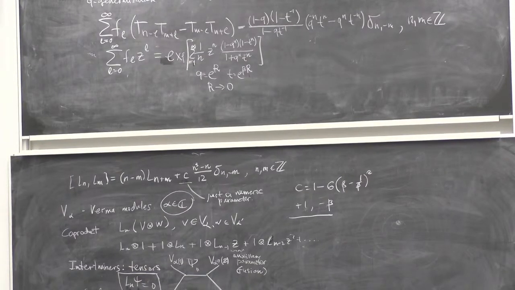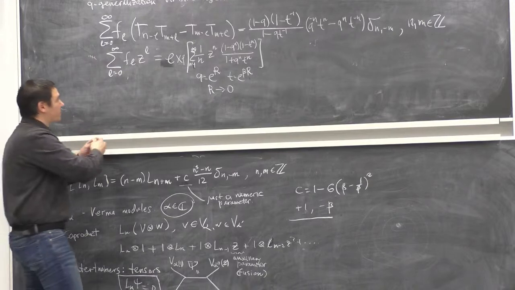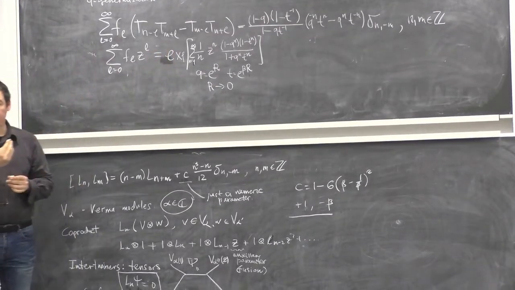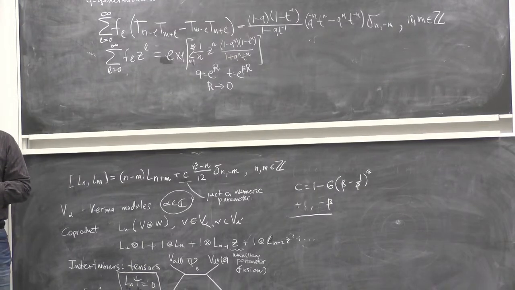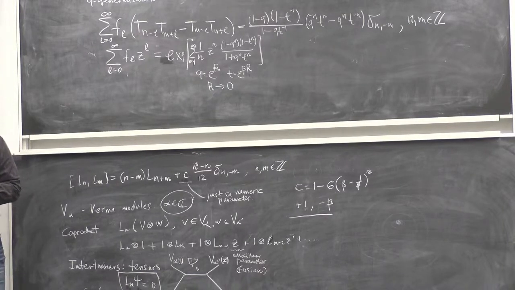Do you need some regularization? No. You just need to prove that whenever you act by this infinite sum on any particular vector, not only does it converge, but you get a finite combination. Your left side is a finite sum.